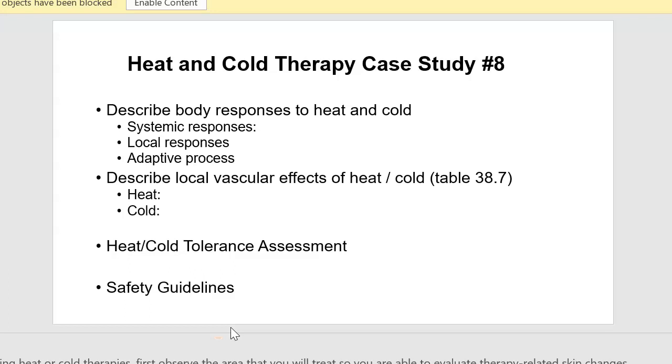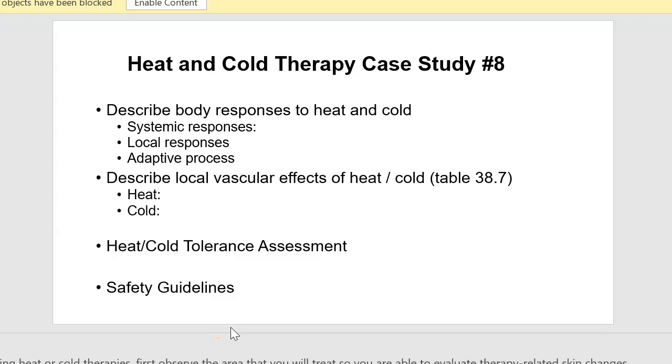Prior skin temperature. If the patient has a fever, they're going to feel that cold therapy more than if they were a normal temperature. The body surface area. If you're adding a large cold pack or large heat therapy, it's going to make more of a difference than if it's small.